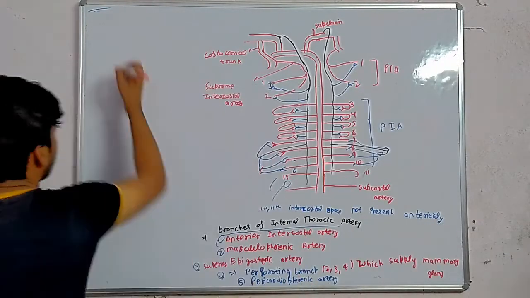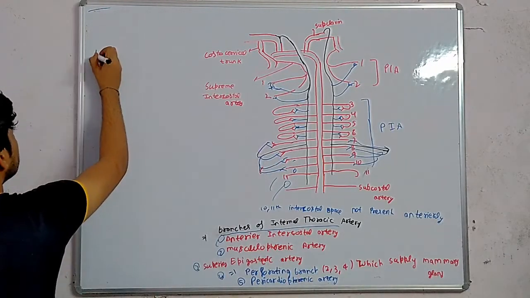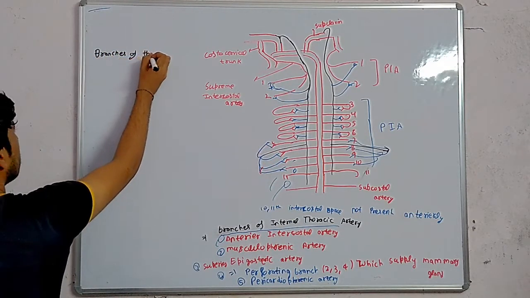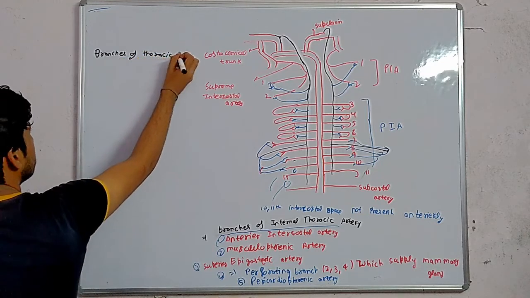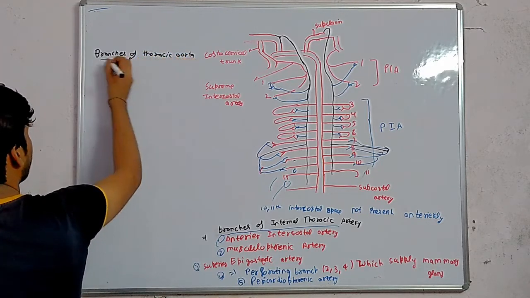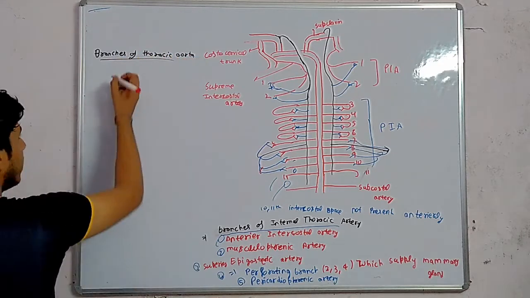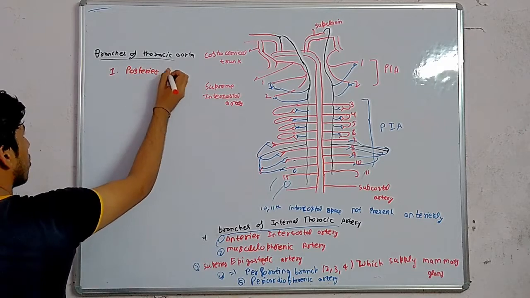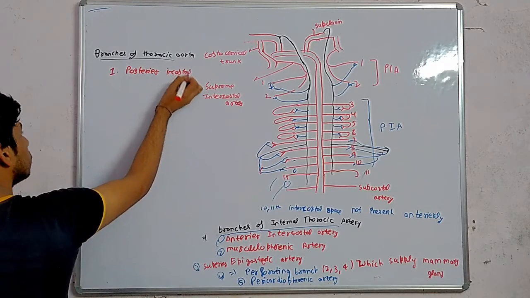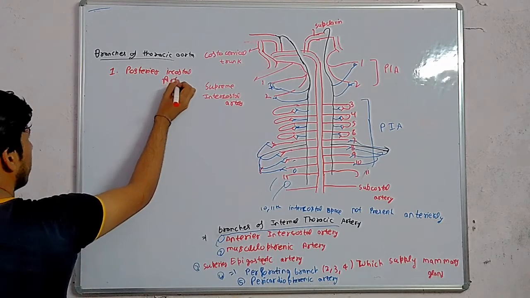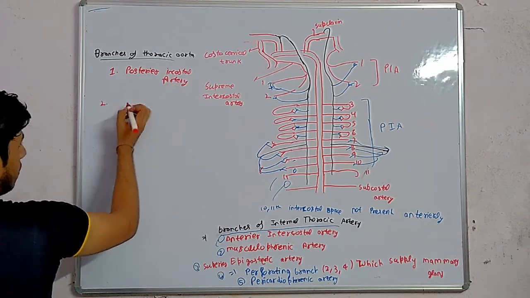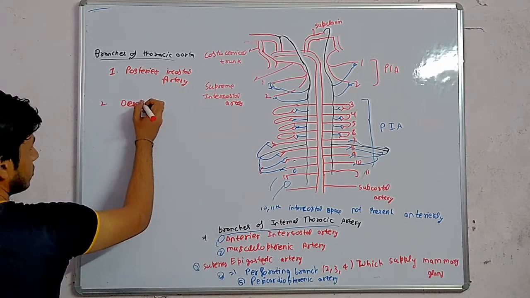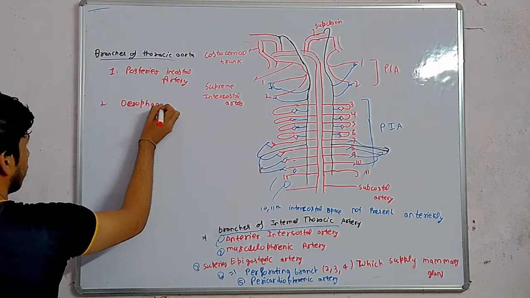First, the posterior intercostal arteries. Then another is the esophageal arteries, which also supply the esophagus.